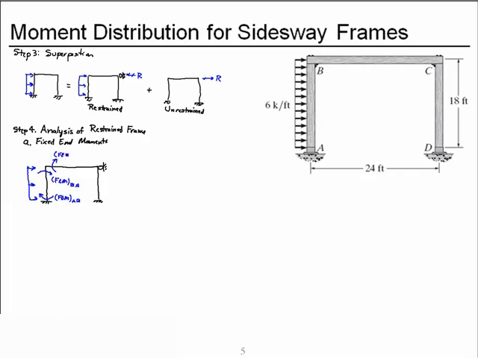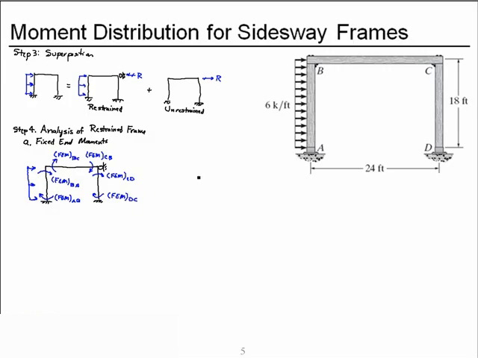Our fixed end moment BC in the beam on top. Fixed end moment CB at the other end. Fixed end moment CD. And fixed end moment DC.